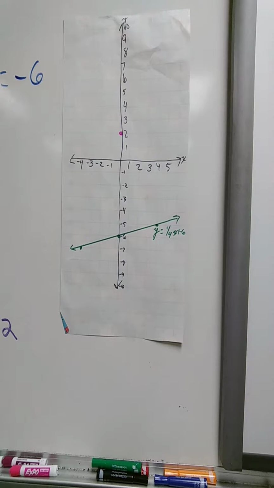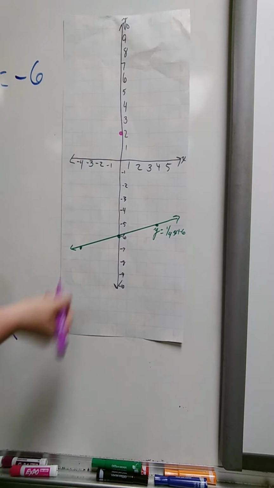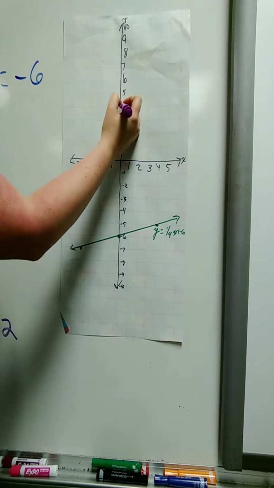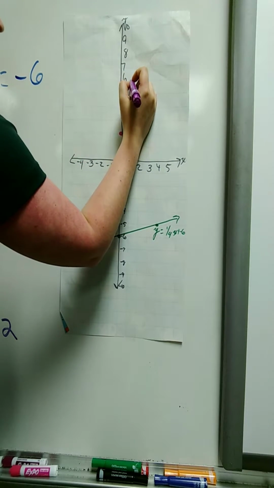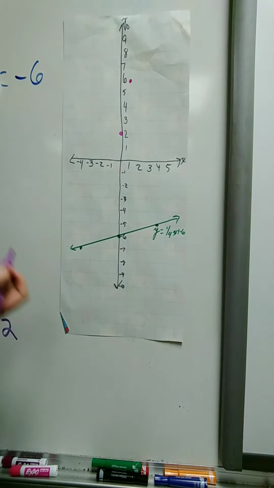So if we have a whole number, what is my invisible denominator? 1. So I'm going to go up 4 and over 1. 1, 2, 3, 4 over 1, I have a point at 1, 6.